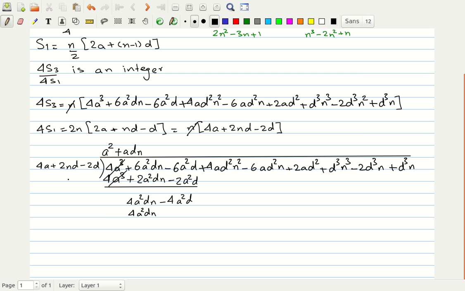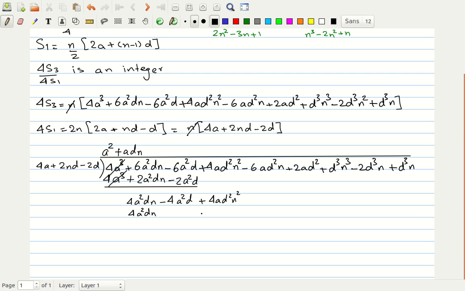Plus 2a d square n square. So we have 2a d square n square. We can bring this 4a d square n square here.